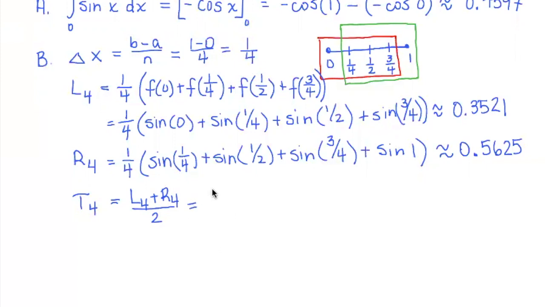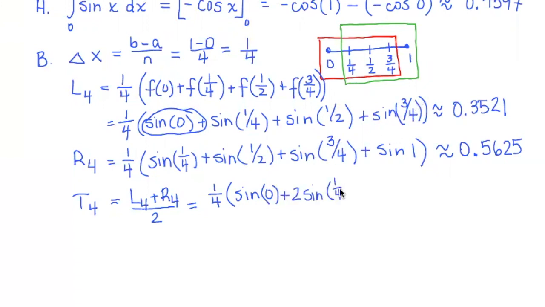I have the sum of the left and the right. I can factor out the fourth. And now I'm looking at these sums, and you can see sine of 0 appears once, only in the left sum. Then you can see that 1/4, 1/2, and 3/4 all appear twice.